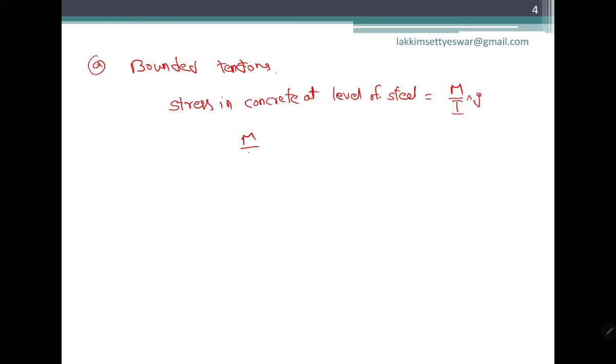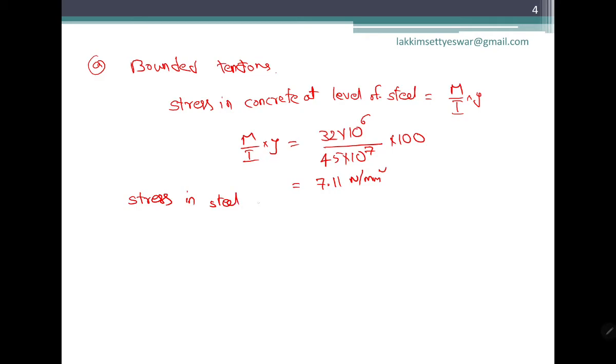The moment is 32 into 10 power 6, and I value is 45 into 10 power 7, into 100. This value is 7.11 Newton per mm square. Now the stress in steel is equal to alpha E into f. So 6 into 7.11 gives 42.66 Newton per mm square, which is the stress in steel.